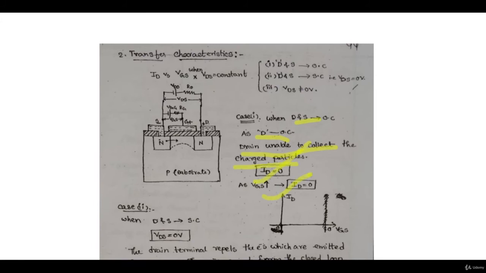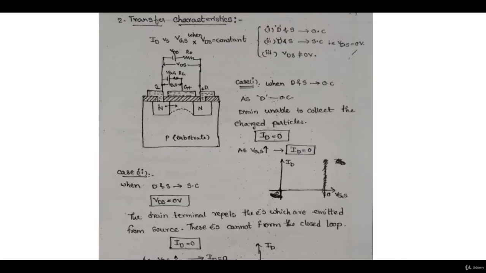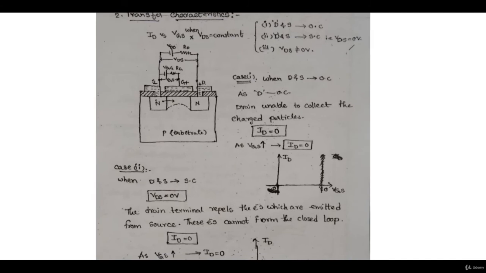Simple. And however much you increase the value of VGS, there is no change, ID will still be 0. So both VDS and VGS have to be applied properly so that you can have current in the MOSFET.